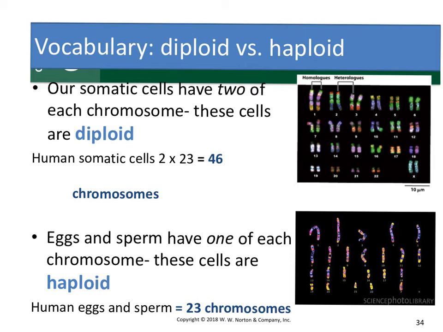They have chromosomes from either their father's father or their father's mother. We'll get to that. And they're haploid. Eggs and sperm have one of each chromosome. These cells are haploid, either in a sperm or an egg.